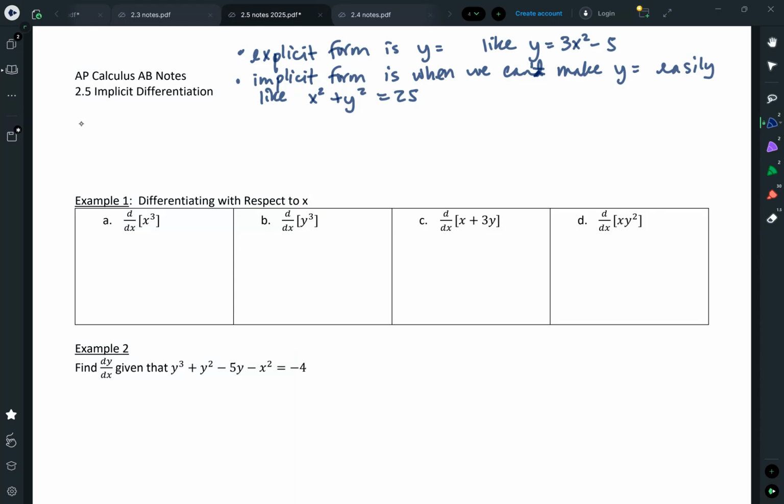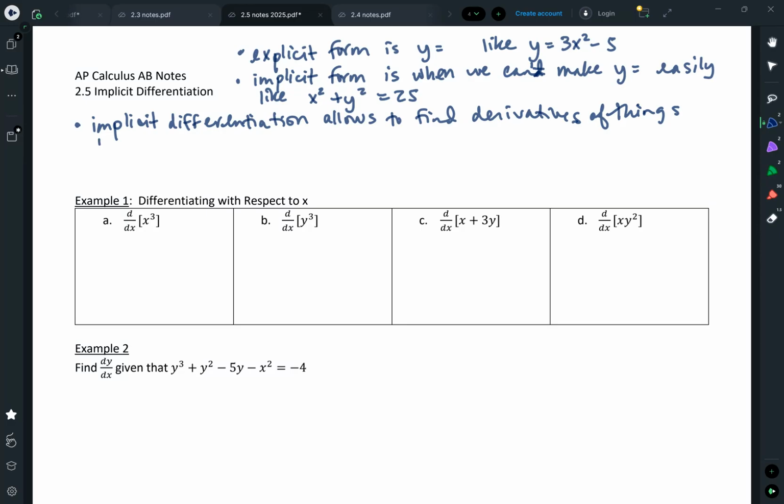So implicit differentiation, we can use that on an equation like x squared plus y squared equals 25, where the y isn't by itself. So it allows us to find derivatives of things that are not functions.